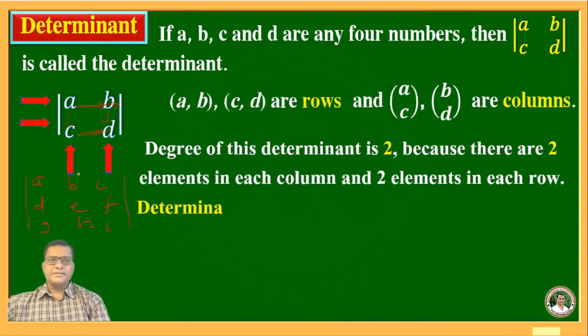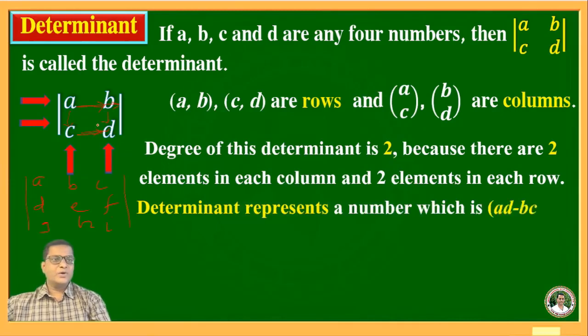A determinant represents a number which is ad minus bc. Means the value of the given determinant a, b, c, d is ad minus bc.